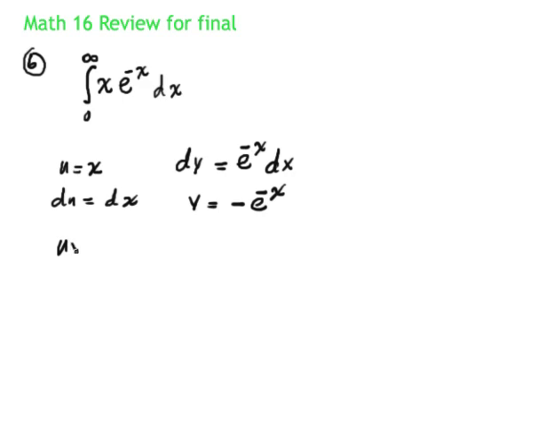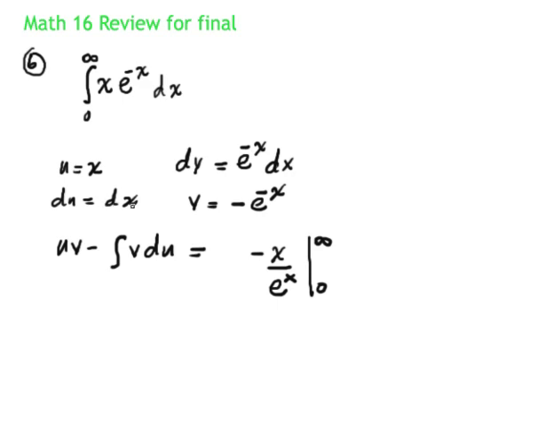Then we use uv minus integral v du. So here's uv, that's minus x, which I'll write as minus x over e to the x, and we're going to evaluate that between 0 and infinity.